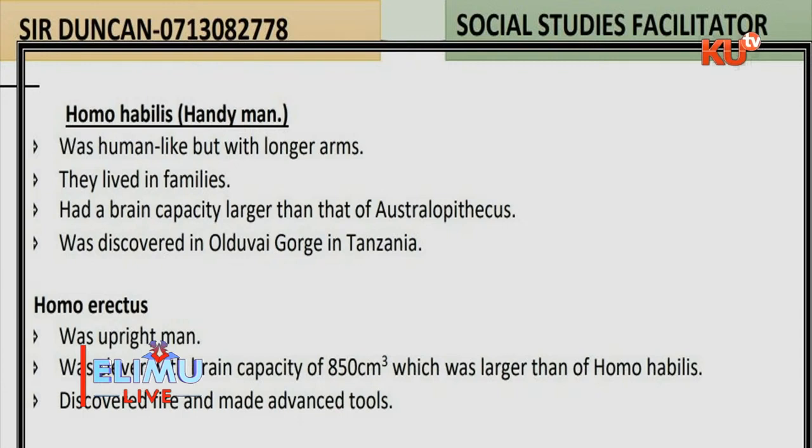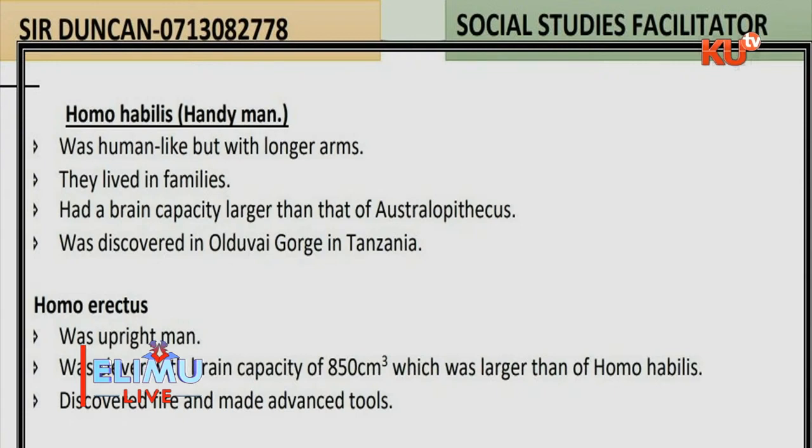Now, Homo habilis is also known as handyman. Why is he called handyman? It is because he had human-like longer arms. His arms seemed like those of a human-like creature now. Also, his brain had developed more than Australopithecus.